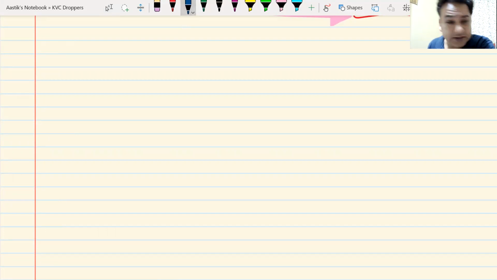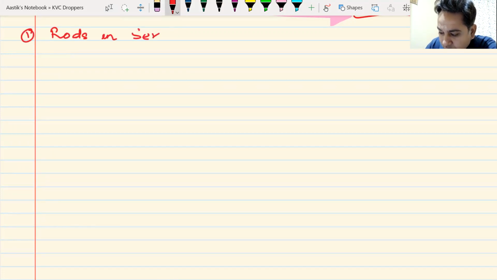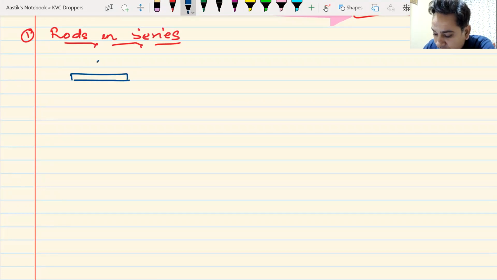Now, since we have understood that electric current and heat current are the same, now we can understand the two types of connection. The first type of connection is, instead of resistance, we have rods in series. How will the rods in series look? It will look like one rod, number one, the other rod, number two, the other rod, number three.